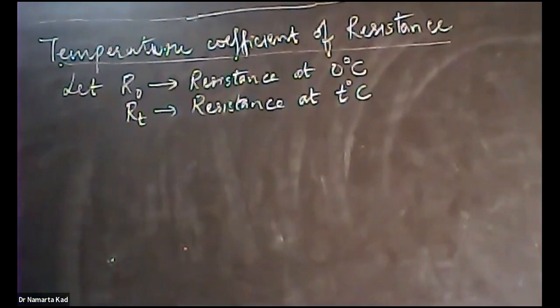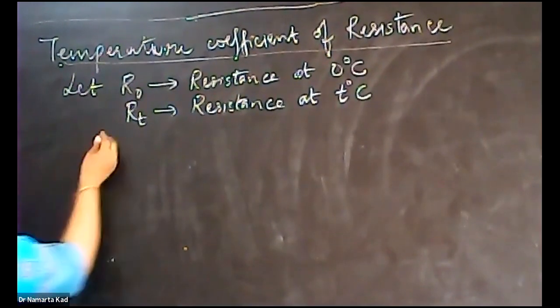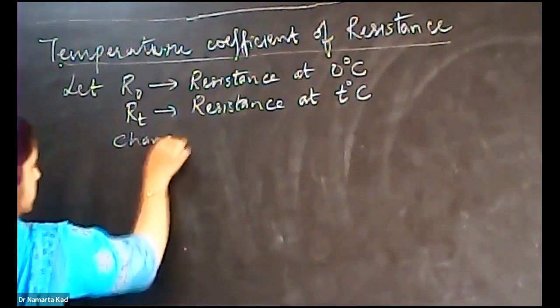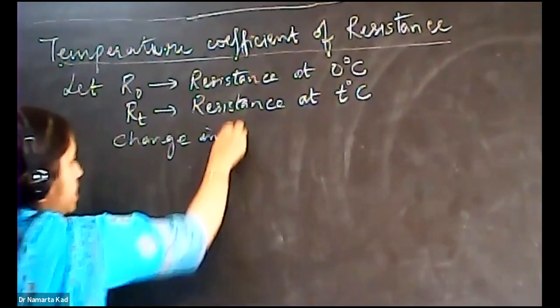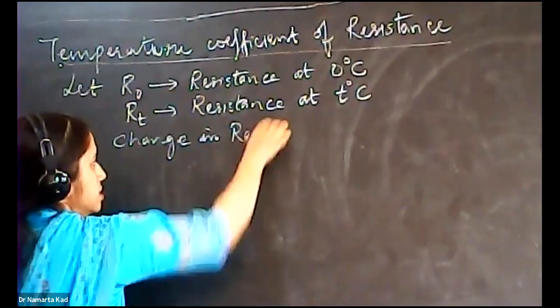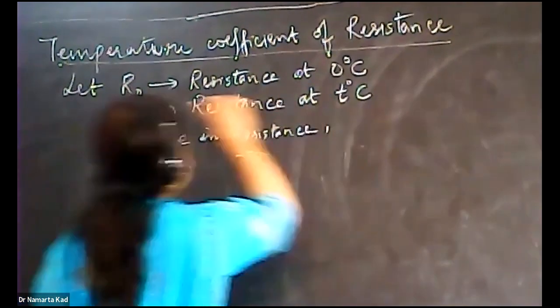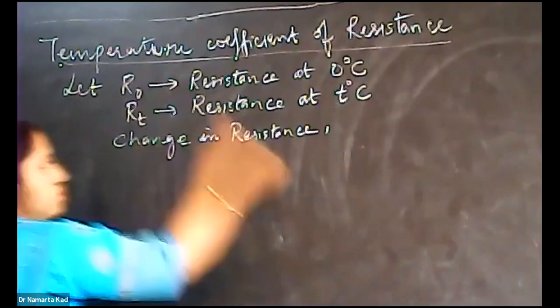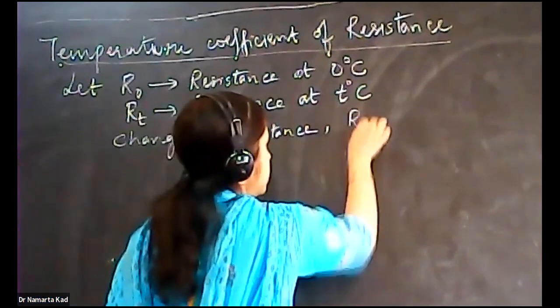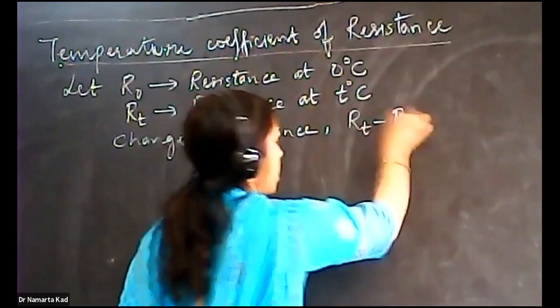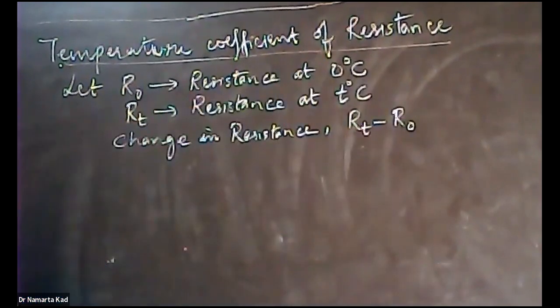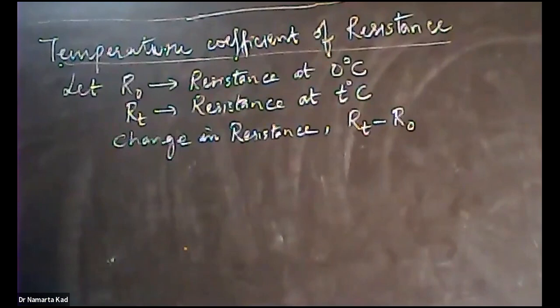Resistance at T degree C. Then the change in resistance is given by, what is the change in resistance? It comes out to be RT minus R naught.